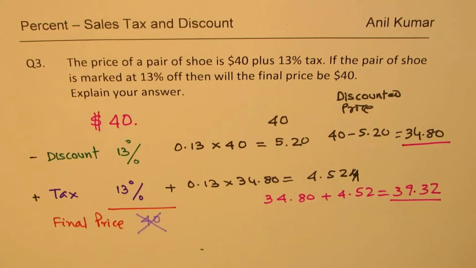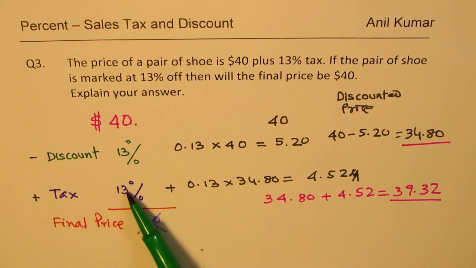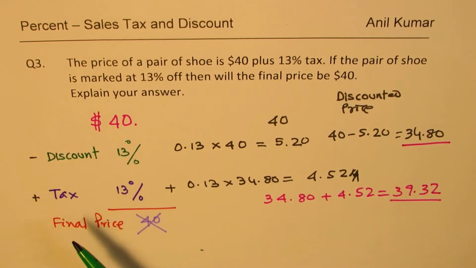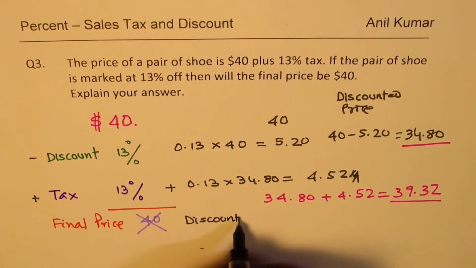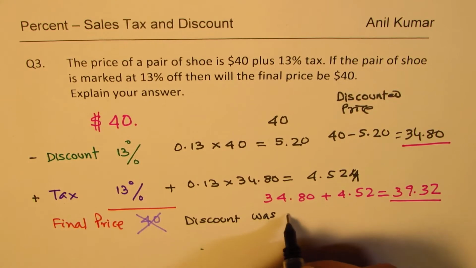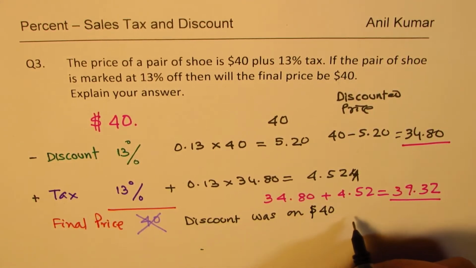Do you understand? Now, why is it so? We gave the same discount as the tax. The important thing to note is that the discount was on $40, right?